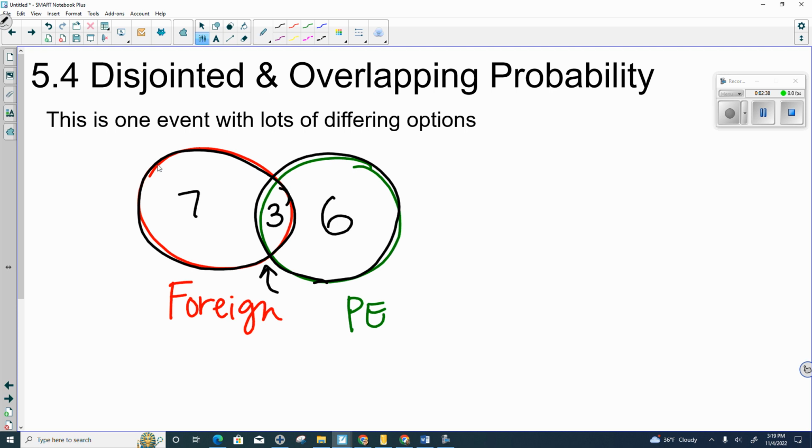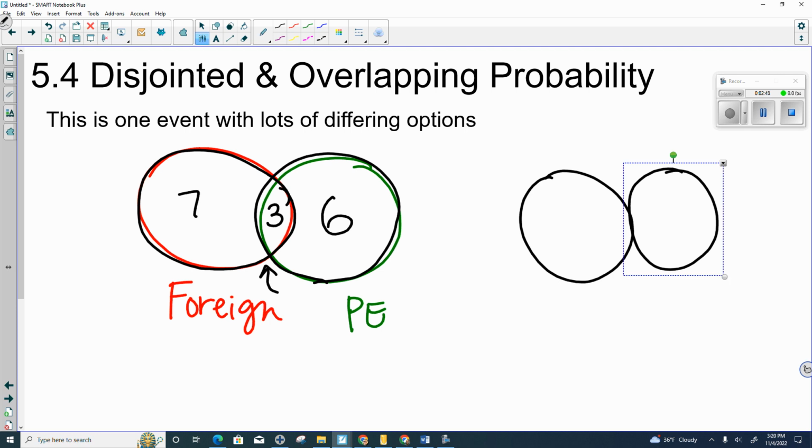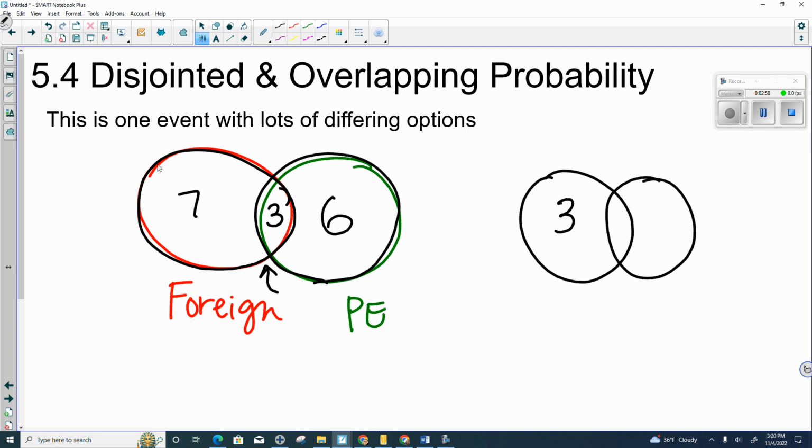Now, using that same idea for disjointed, how many people have, I guess you can overlap still. You could, let me slide it over. How many people have a foreign language first period? How many have PE first period?